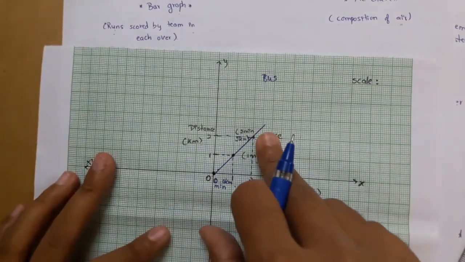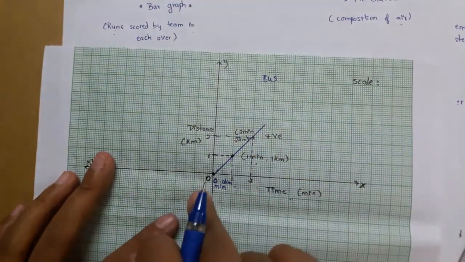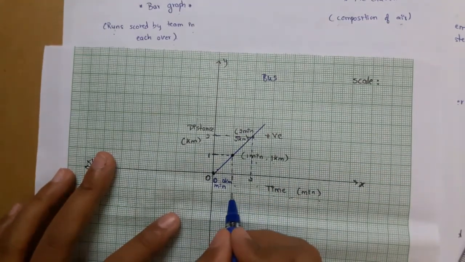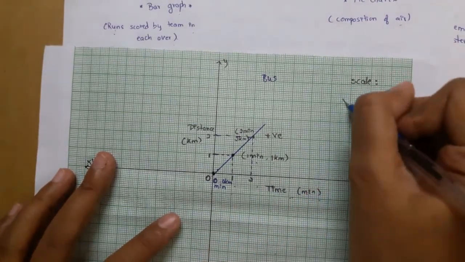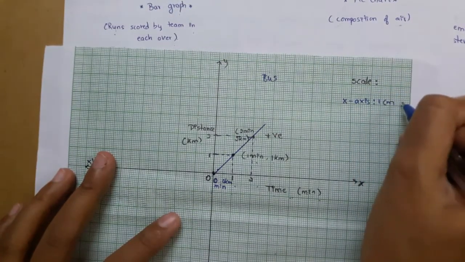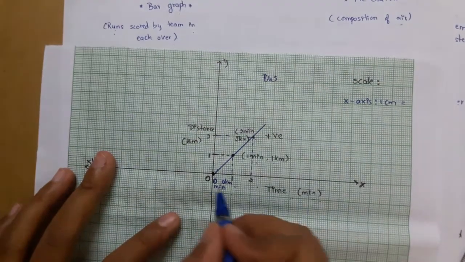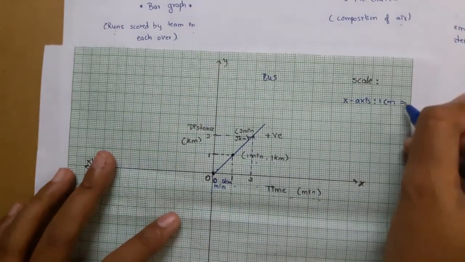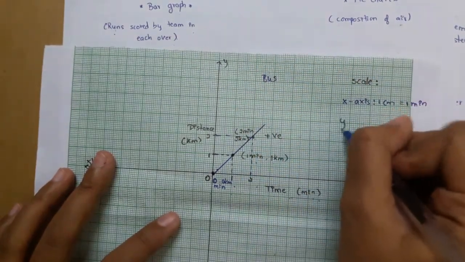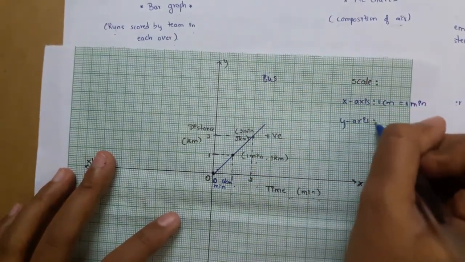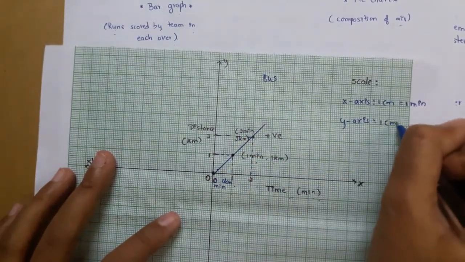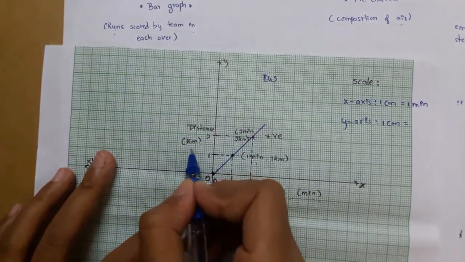First, to draw the graph we need to keep the scale. On the x-axis we took the scale: each block is 1 centimeter, and 1 centimeter we considered in terms of minutes, that is 1 centimeter is equal to 1 minute. And on the y-axis we took the distance, and here each block is 1 centimeter, which we took in terms of kilometers.